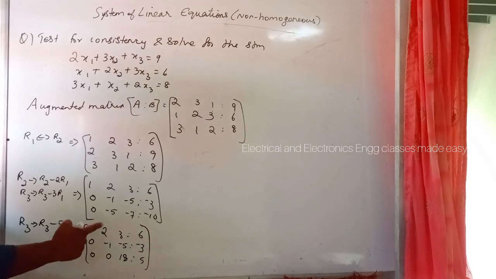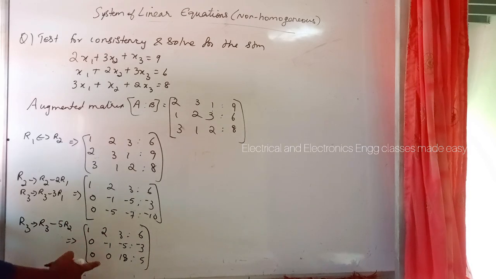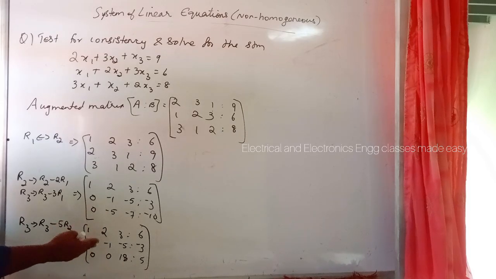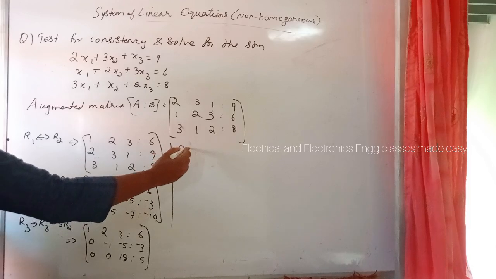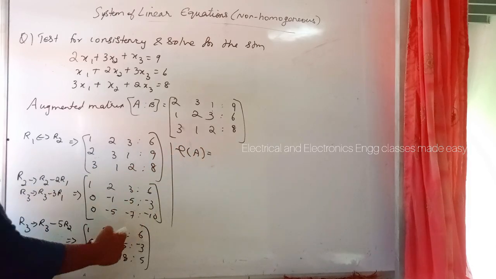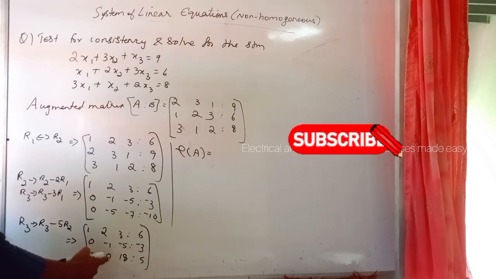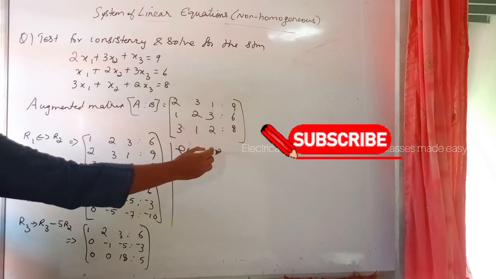So this is an upper triangular matrix, and here we have to check the rank of the matrix A and also the augmented matrix. So the rank of A is equal to the number of non-zero rows, that is 3.